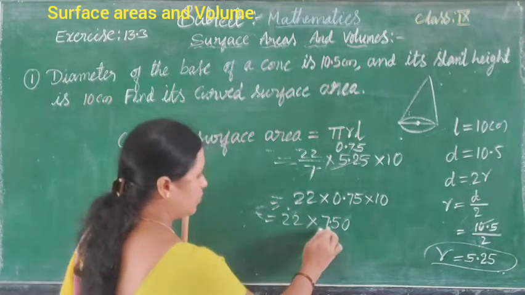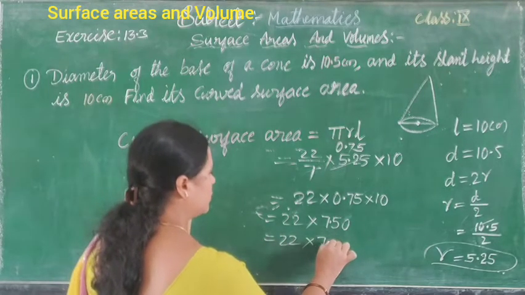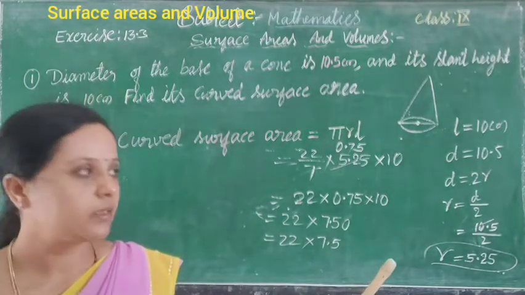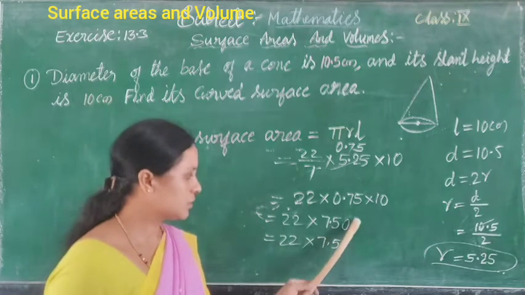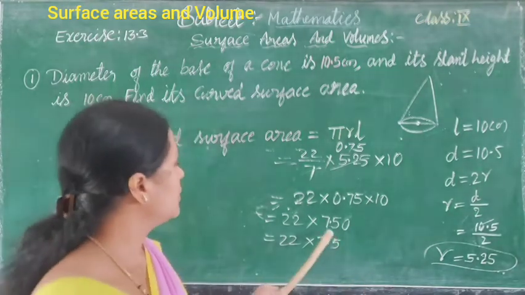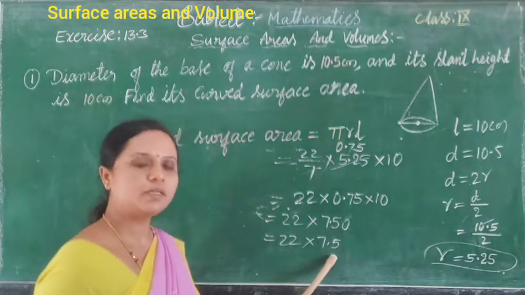Then 7.50 is nothing but 7.5. So you can neglect the 0 after the decimal point. There is no value for the 0. That's why you can neglect this 0. You can write it like 7.5.